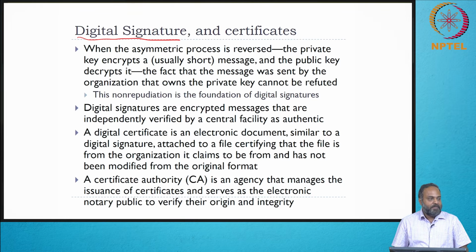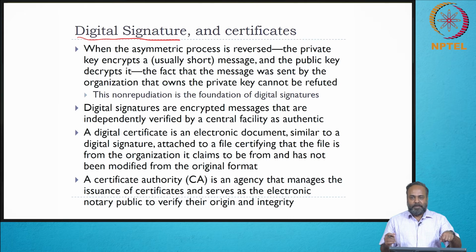So, this also pertains to the domain of encryption, but here the asymmetric process is reversed. You see that in the previous example, the sender has the public key and the recipient has the private key. When you change that, the sender sends a message with his or her private key and the public key is used to open.